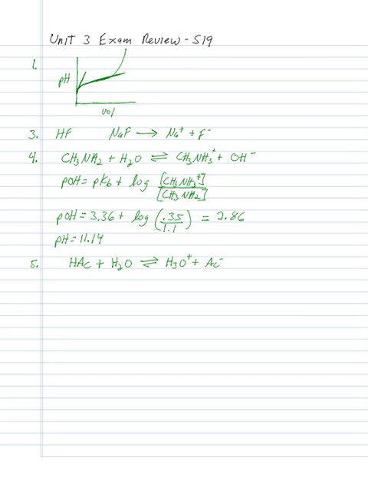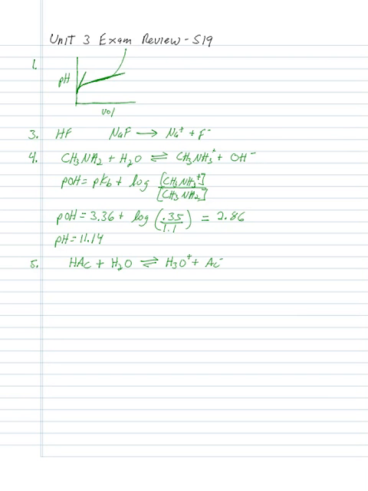Okay, because we're changing our volumes here, we're going to want to use millimoles. Just because anytime that volume changes, you've got to be really careful. You can't just use concentrations because those are going to change on you. So we want to use millimoles here because millimoles don't change regardless of your final volume. So let's set up our Henderson-Hasselbalch equation because all we have is a buffer solution.